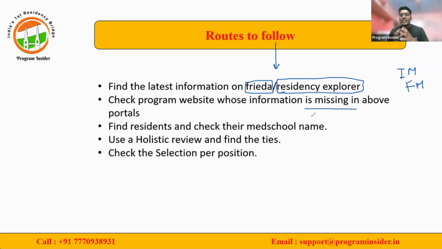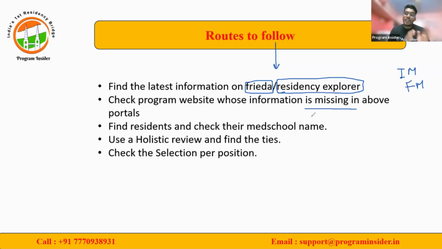In such cases, our team reviewed the entire FREIDA and Residency Explorer websites, and they found that almost 30-35% of the programs don't have complete information, and probably 20% of the programs don't have any information at all.